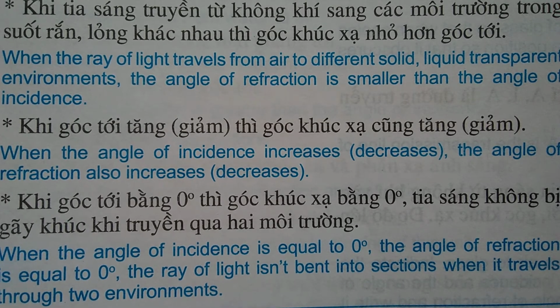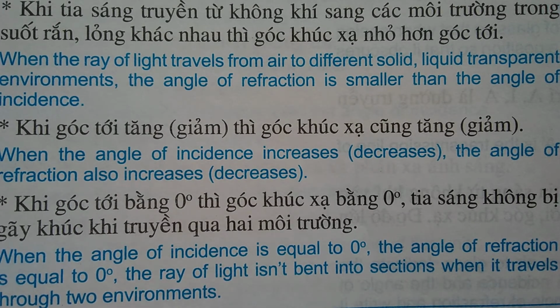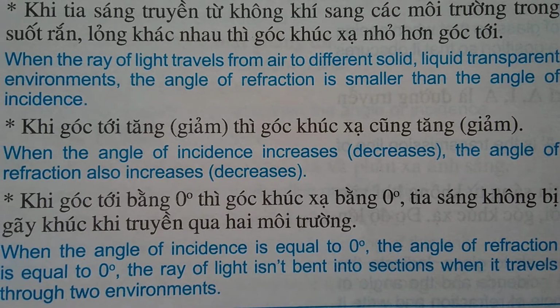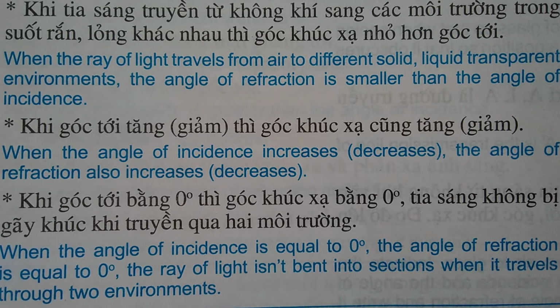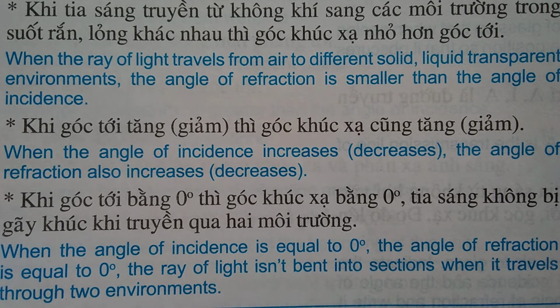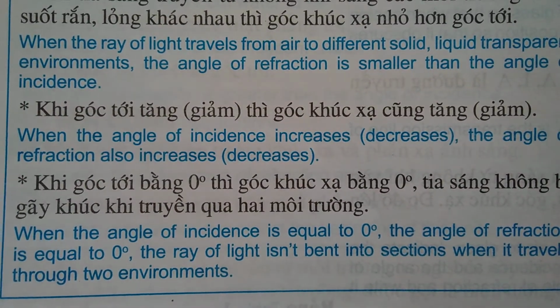When the ray of light travels from air to different solid, liquid, transparent environments, the angle of refraction is smaller than the angle of incidence. When the angle of incidence increases, the angle of refraction also increases.